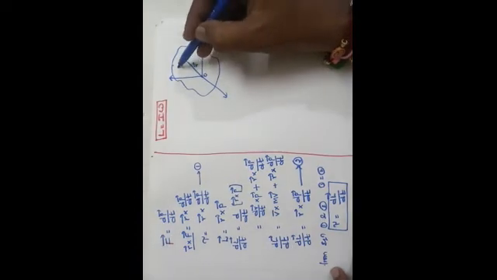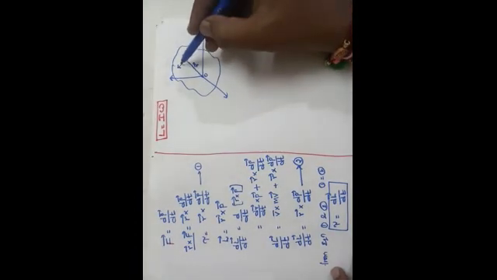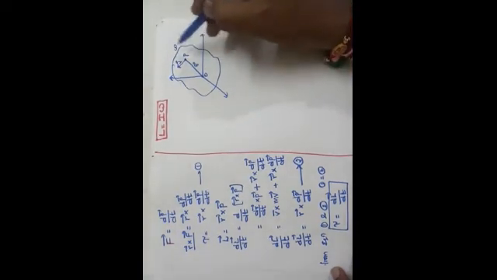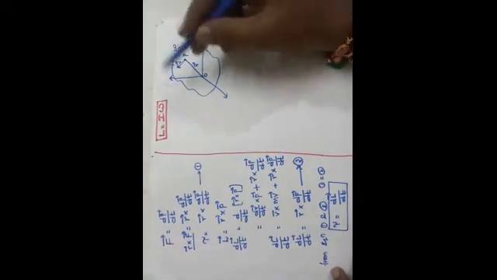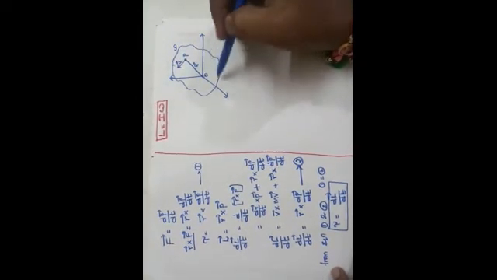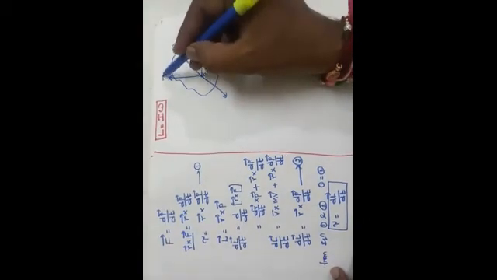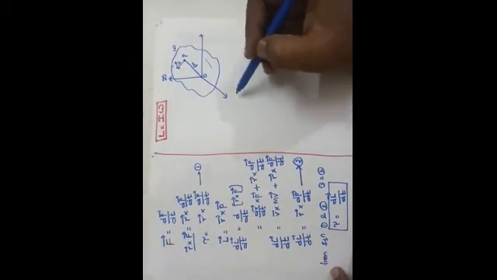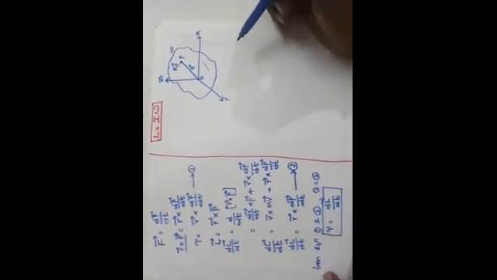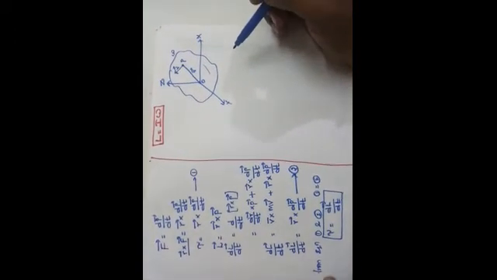That direction is the linear velocity, which can be written as V bar. This object is rotating around the z axis. Here it is z, and here you have to take the x, y, z axes.